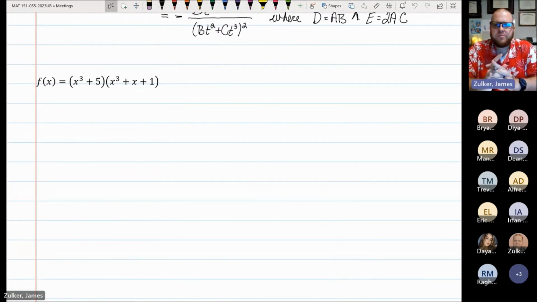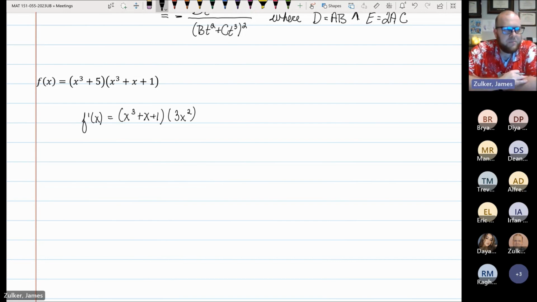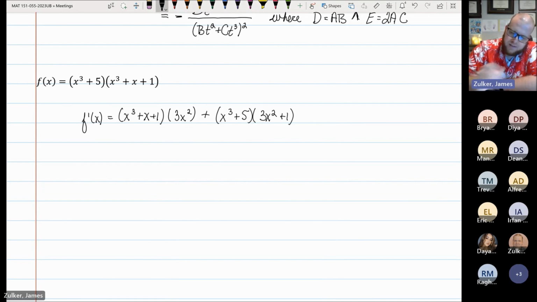So I'm going to use product rule here, just so we get the hang of it. Second function times derivative of the first function, plus first function times derivative of the second function.